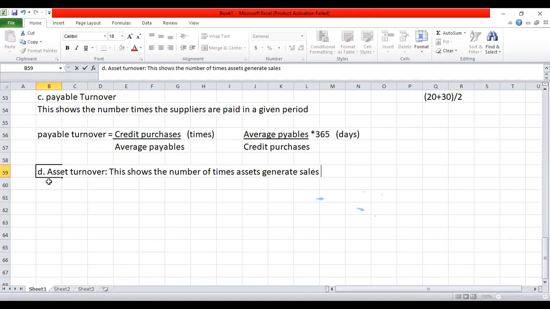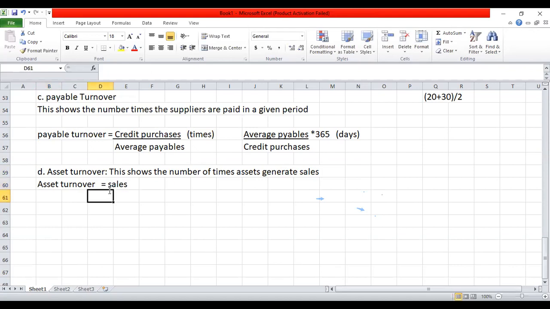So when you are computing your asset turnover, it will be equal to sales divided by your total assets. You can as well put this into percentage by getting total assets over sales. So this answer should be in times.